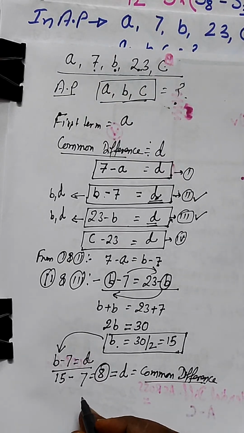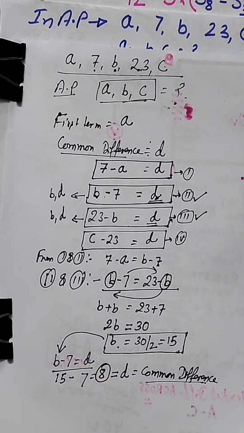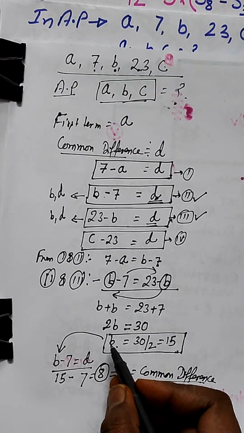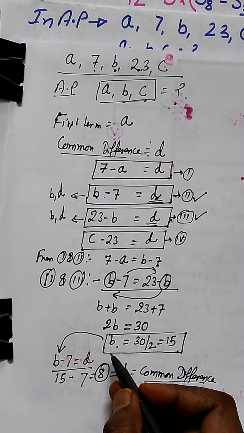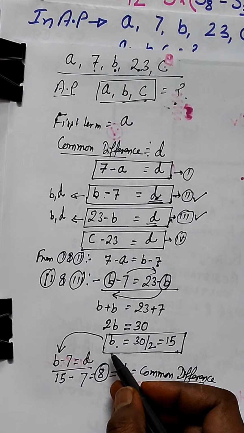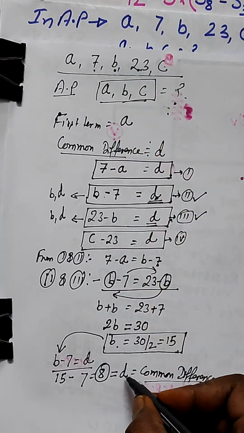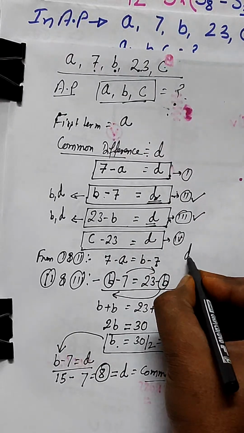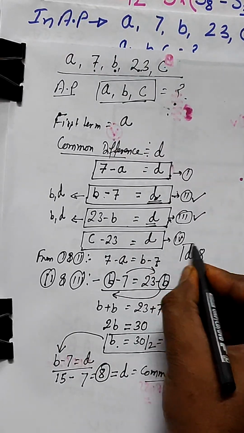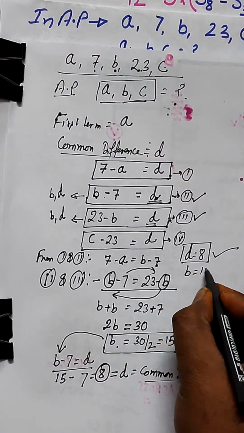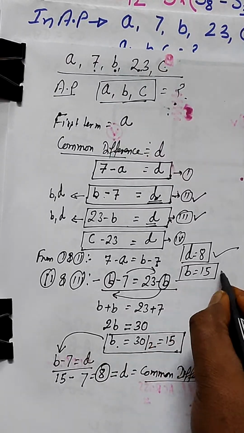Here you can see 8. If the value of D is known and B is known, right? D and B is known to us. So we can write it over here, D equal to 8, this is calculated, B equal to 15, this is also calculated.